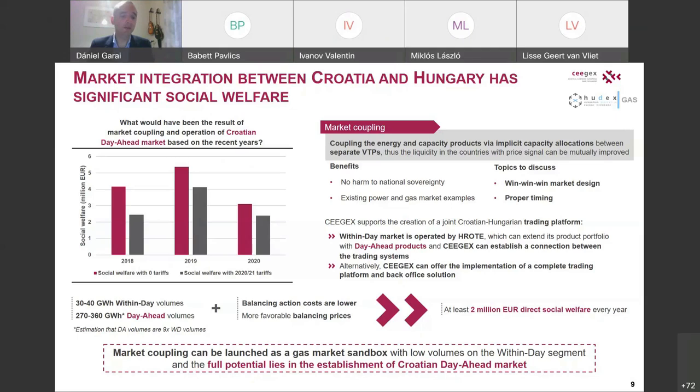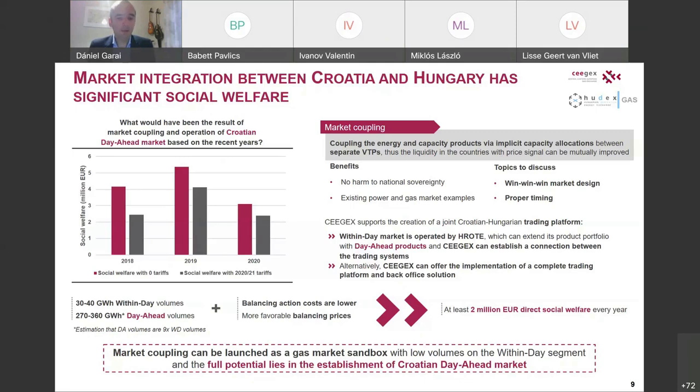And the first idea was Croatia, for many reasons. The most obvious market coupling project could be done between Croatia and Hungary. The markets are so interconnected in many ways that it would probably make sense.